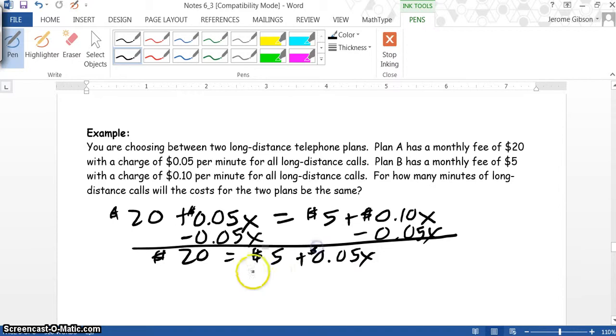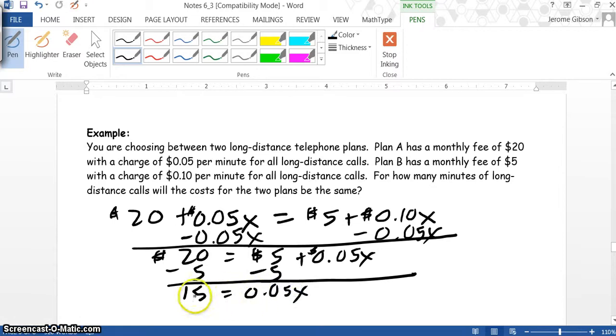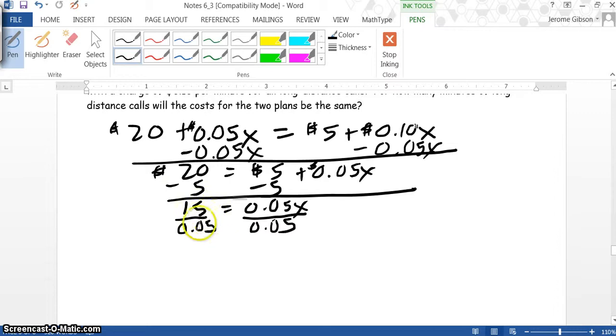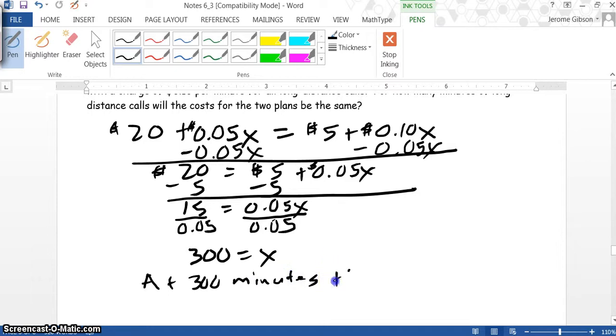Now, we will subtract 5 on both sides. And we will have 15 is equal to 0.05x. Now, we will divide each side by 0.05. And we will have 300 is equal to x. So we know that this is minutes. So at 300 minutes, the plans will cost the same.